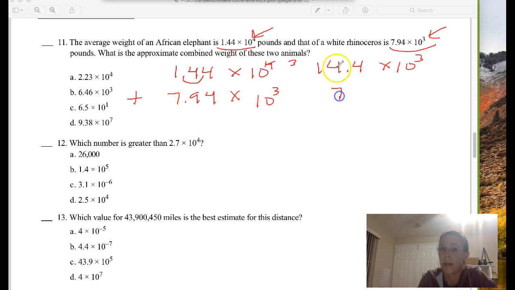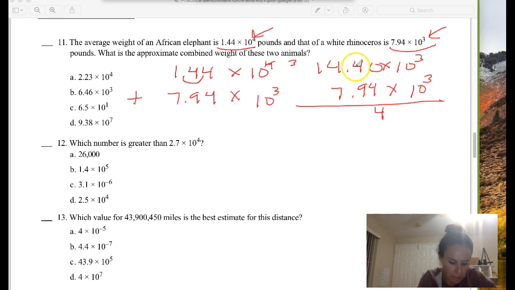This would line up like this, 7.94 times 10 to the third. Okay, so now these have the same exponents. I've lined up my decimals. I can go ahead and add. There's nothing here. That would be a 4. 9 and 4 is 13 again. 1, 3. Bring down the decimal. 7 and 4 is 11, 12.